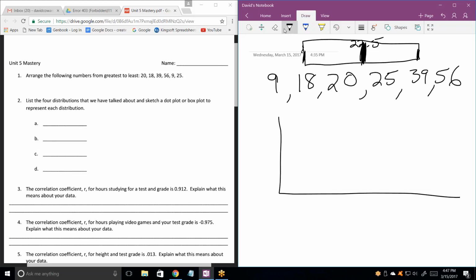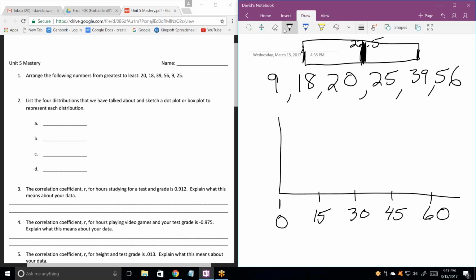then I've got to find some way to break up these numbers. In other words, I could go from 0 to 10, 10 to 20, 20 to 30, 30 to 40, 40 to 50. But I got some choices. Let's break it up into 15s, just because it looks like that might work a little bit better.